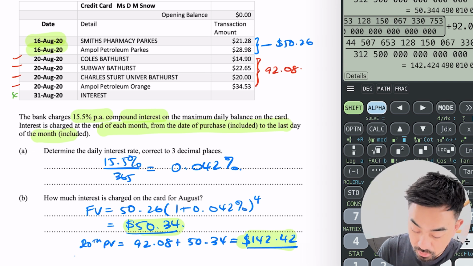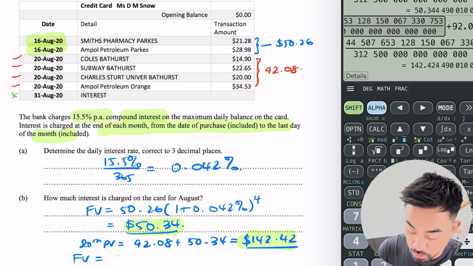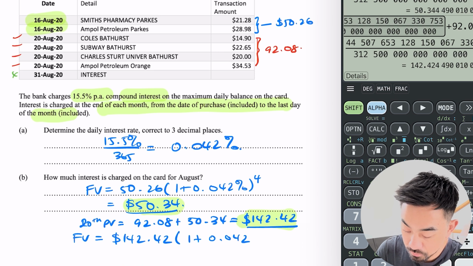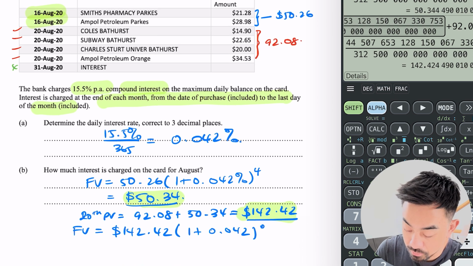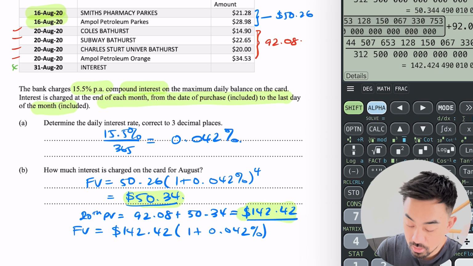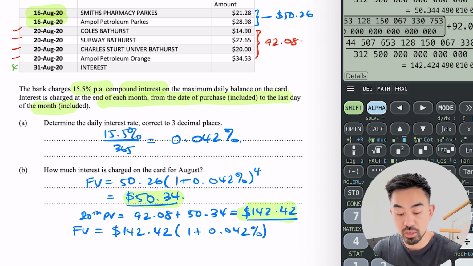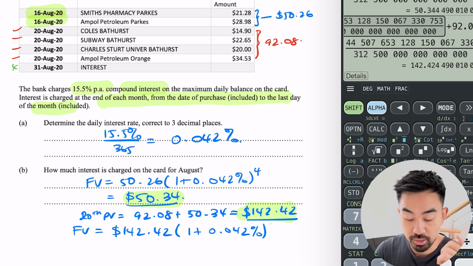So your future value is going to be $142.42, 1 plus 0.042 percent. And now you've got to work out how many days from the 20th to the 31st, including the day of purchase and the day of payment. So 20th to the 31st, it's going to be 12 days, okay?